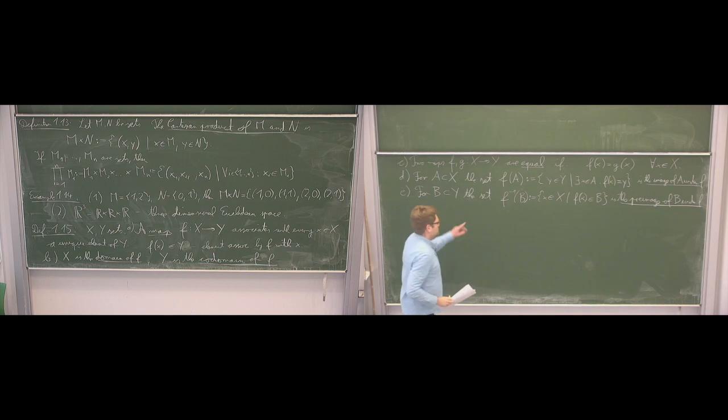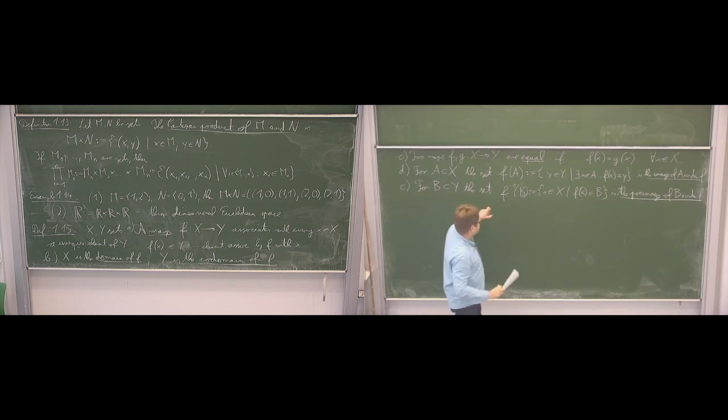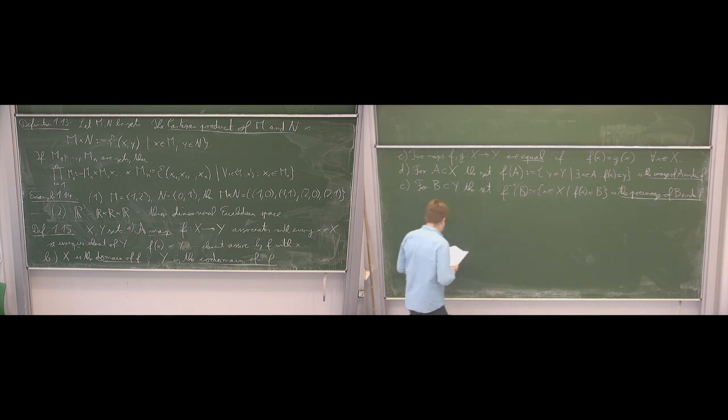This is not that exciting, but this is kind of the idea: everything that is mapped to a certain set in some way. We will use this frequently later on.